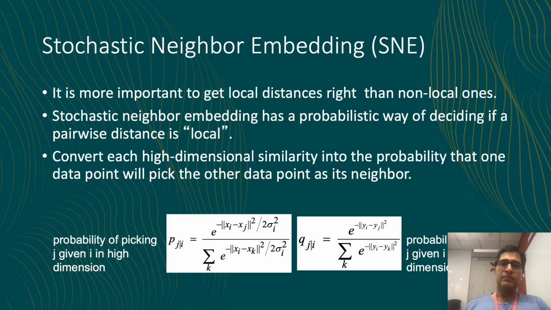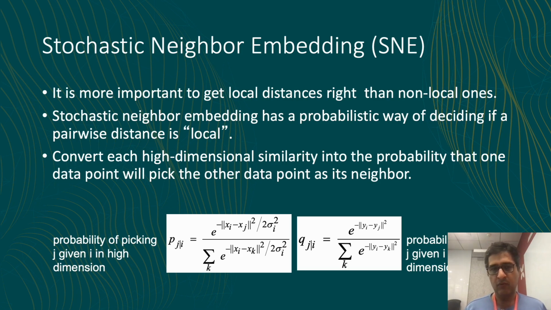A similar term in the lower dimensional space can be computed similarly in here, just that the lower dimensional space is normalized, so that's why the sigma terms disappear.